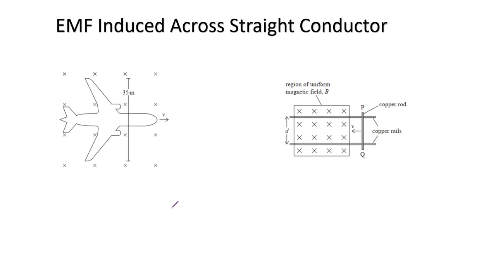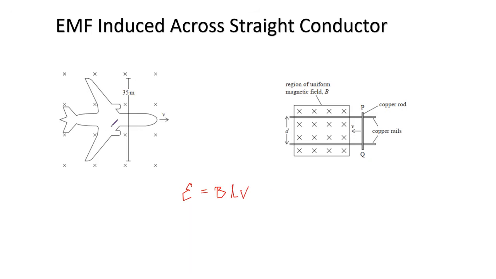Next, EMF induced across a straight conductor. If a straight conductor moves through a magnetic field, an EMF is induced across it, and the equation is EMF equals BLV. Again, these two questions are from two recent years.